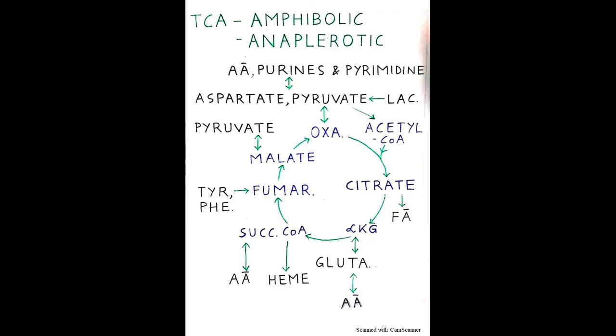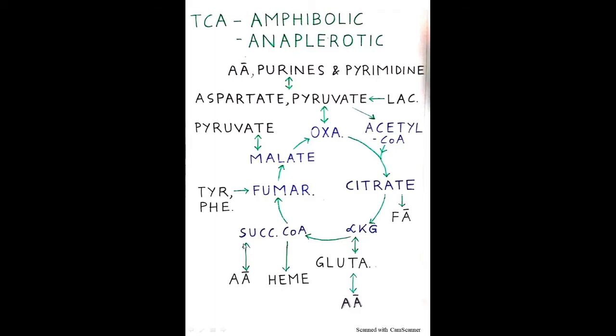Now, by anaplerotic role of Krebs cycle, I mean that when an intermediate of Krebs cycle is removed, suppose succinyl-CoA is removed as heme. So succinyl-CoA is a starting material for synthesis of heme. This gap is filled by something else, like some amino acid.